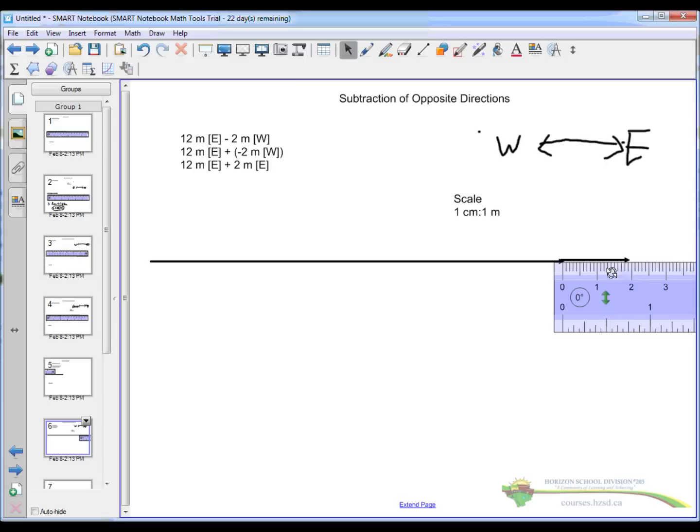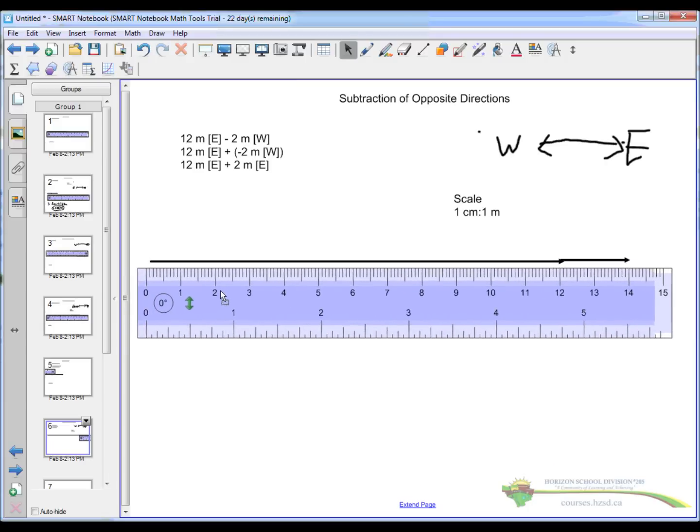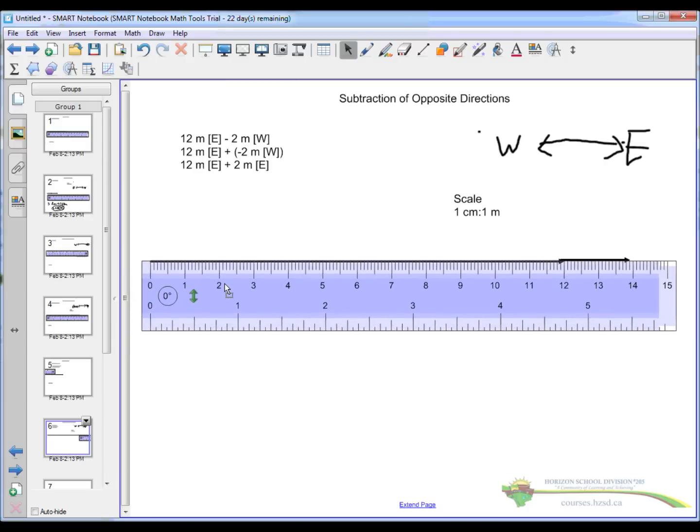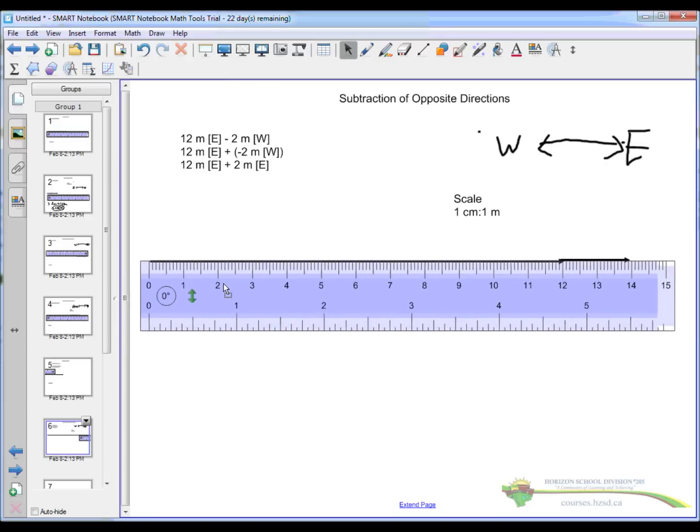And then use a ruler to measure from the beginning of the first one to the end of the last one. 14, I wasn't very careful with this one, so you can tell I'm a little bit off, but 14 centimeters or 14 meters to the east is our final answer.